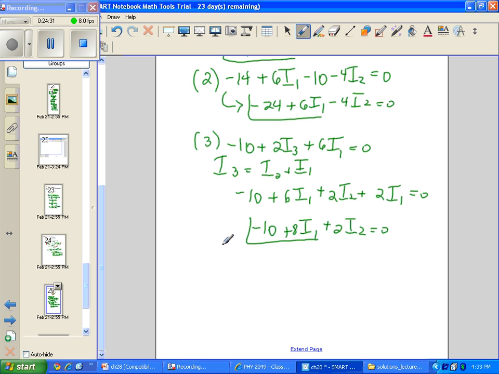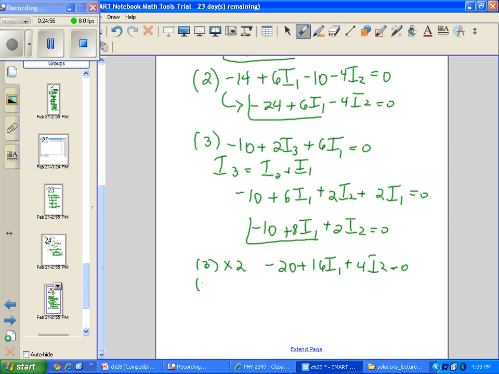So let's proceed. Multiplying equation 3 by 2. So I'm going to take 3 and multiply by 2. And I'm going to get minus 20 plus 16I1 plus 4I2 equals 0.